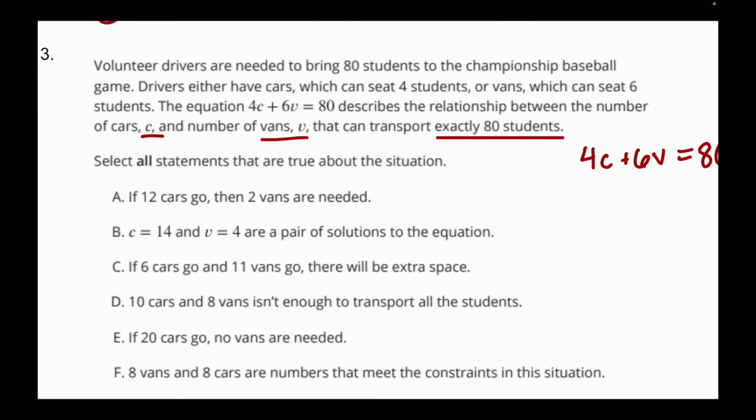So if I converted these and said it was cars and vans, C comma V, I could translate this one into 12 comma 2, because it's 12 cars and 2 vans. And then this one kind of gives it already to us, 14 comma 4.